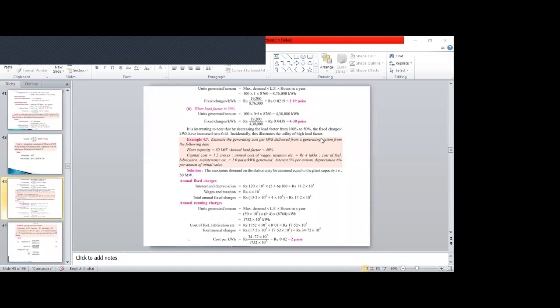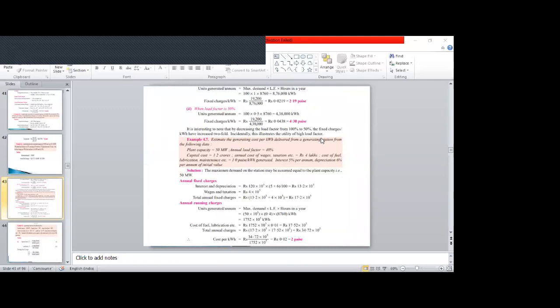You know that this will come under running charge. Then cost of fuel, lubrication, maintenance, etc. equal to 1 paise per kilowatt hour generated. So you know this also, cost of fuel, lubrication and maintenance, is under running charges. Then interest is 5% per annum.